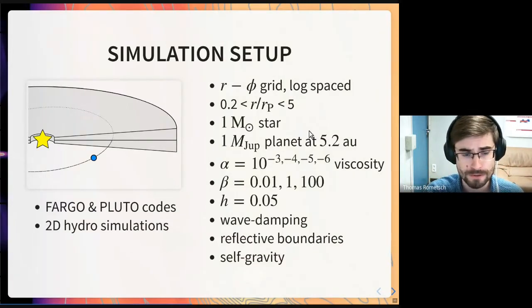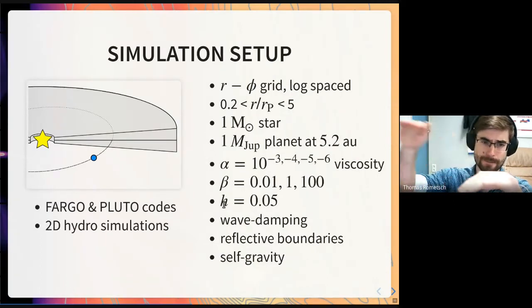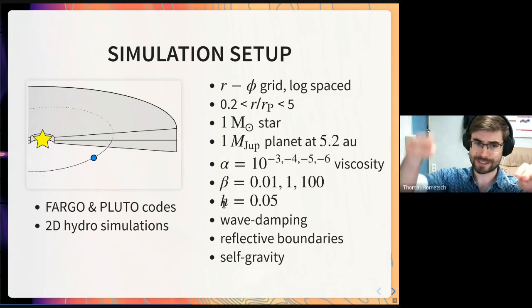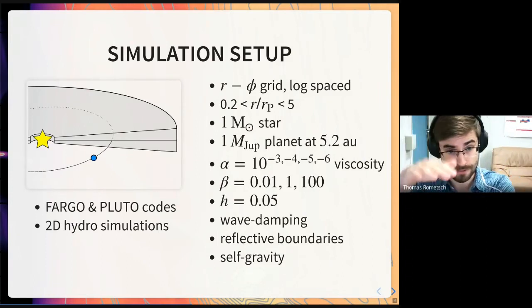So the lower the viscosity, the easier vortices can form. And then different values for the cooling time scale and an aspect ratio. So the disk is quite thin, and the ratio between the pressure scale height and the radius is called the aspect ratio, and that's 5% here, so it's rather thin.